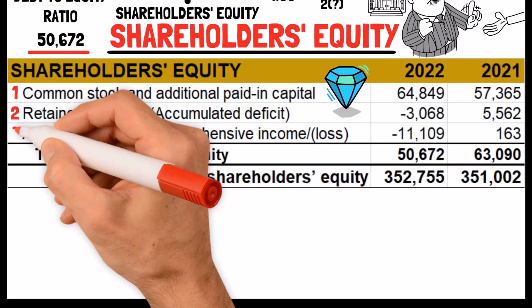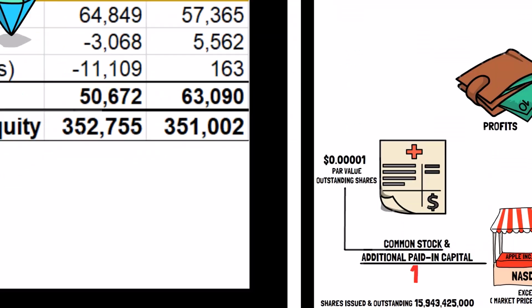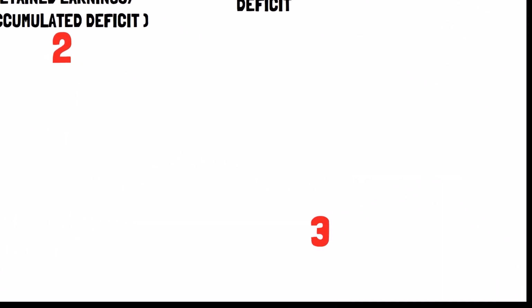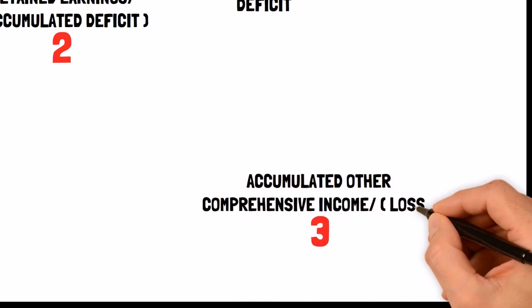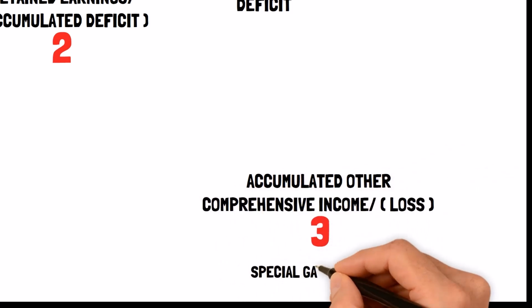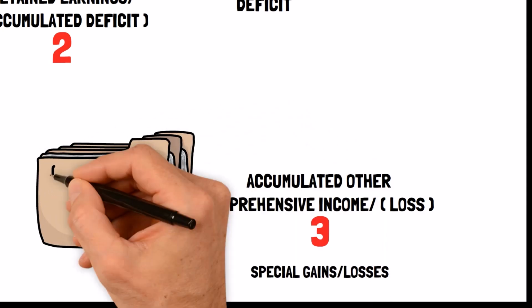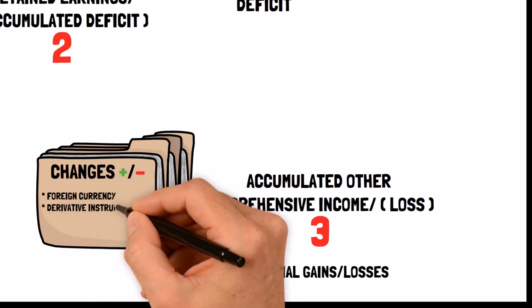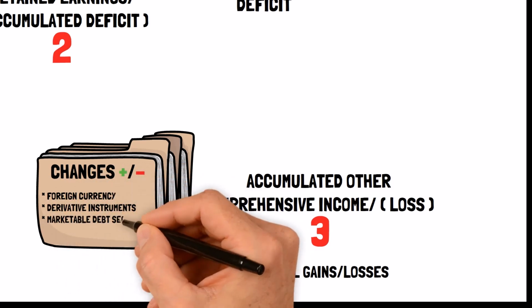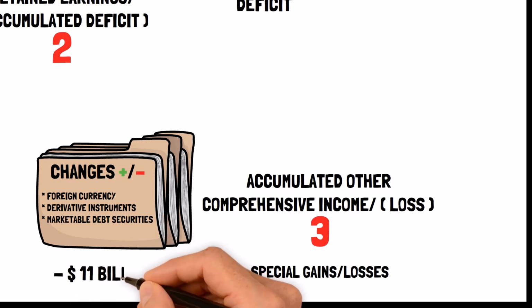Finally, the last shareholders' equity class is the accumulated other comprehensive income or loss. The accumulated other comprehensive income or loss includes all special gains or losses. It can, for example, include the different changes in foreign currency, derivative instruments, and marketable debt securities, with a total reduction of $11 billion.